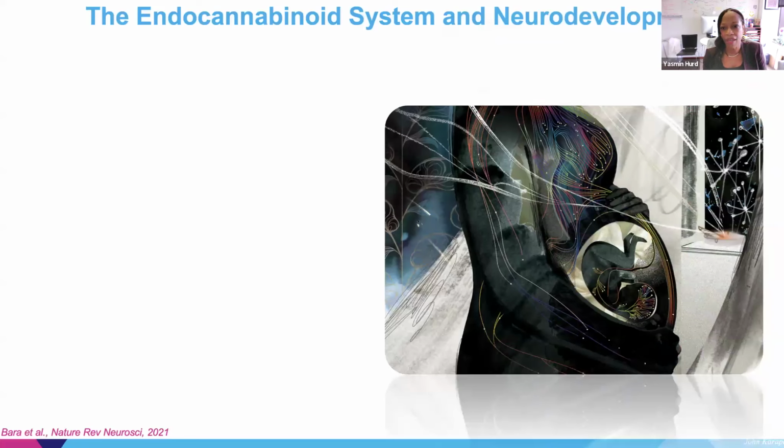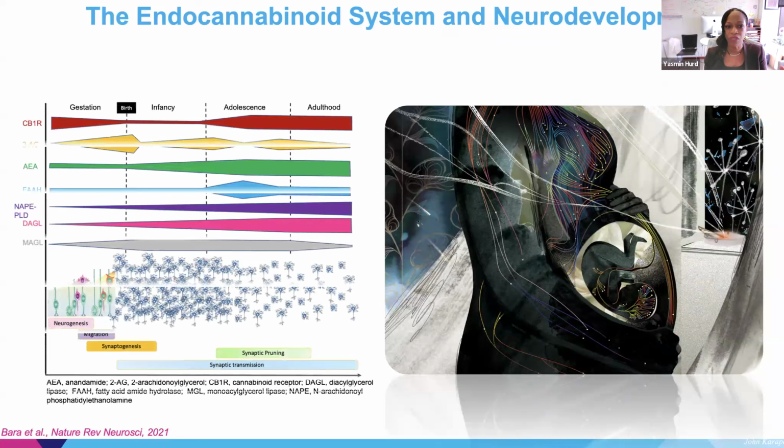So for me and for many others, the endocannabinoid system and its role in the brain actually starts much earlier. The endocannabinoid system is beautiful. It plays, like I said, these very important but broad biological processes.